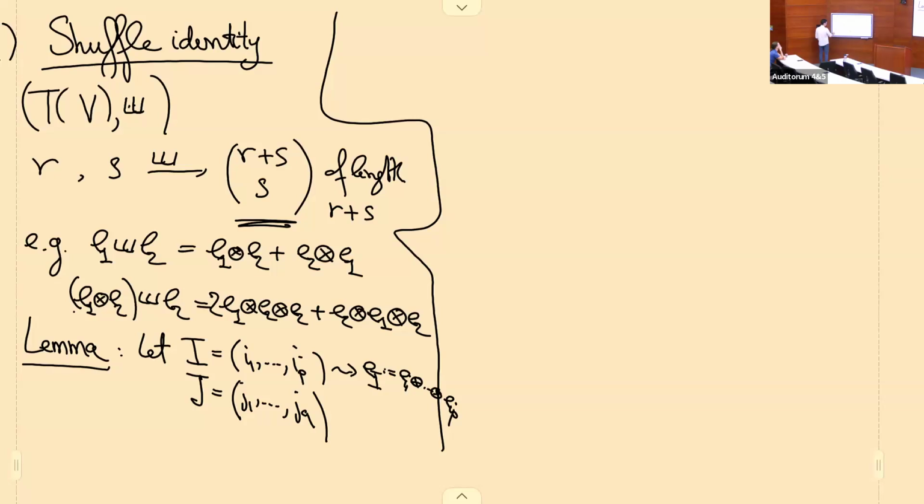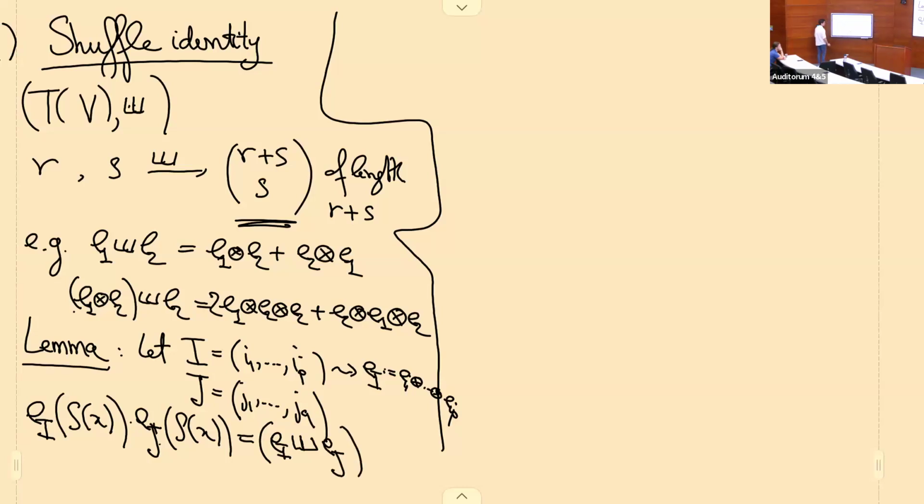Then you have this lemma: if I take the I-th element of the signature, so E_I star of the signature of X, this means the I-th coefficient of the signature corresponding to this multi-index, and I take the pointwise multiplication, this is a scalar, with the E_J star element of the signature of the same path X, this is the same as taking the elements obtained by shuffling E_I with E_J.